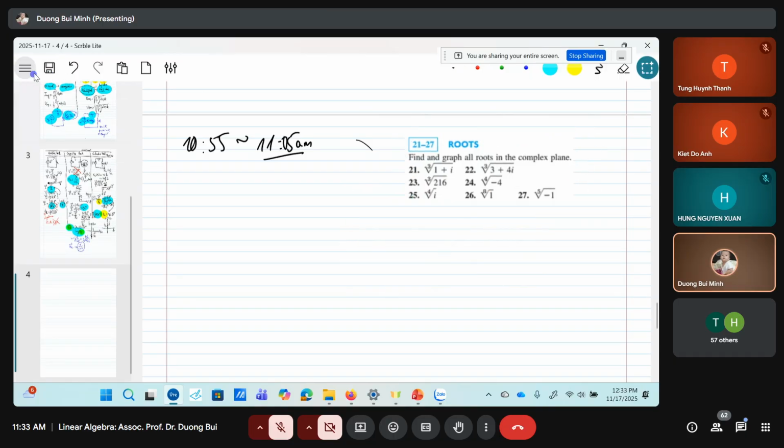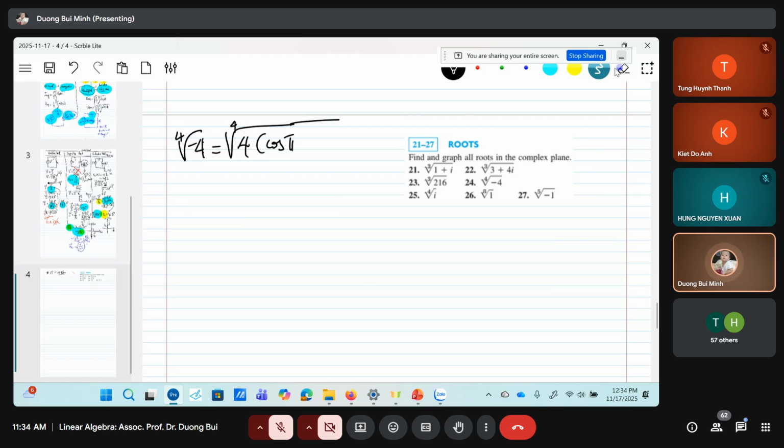Okay, good. So we answer this one. We have -4, right? This one equal to 4 cosine pi plus j sine pi.